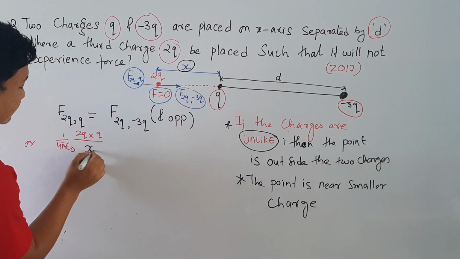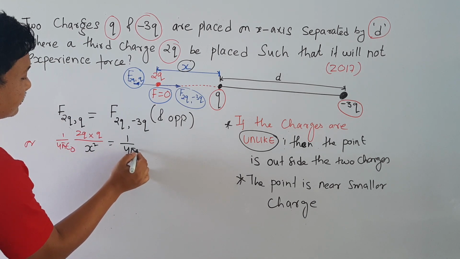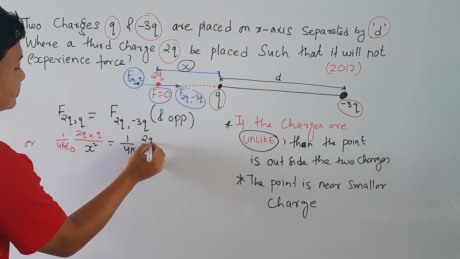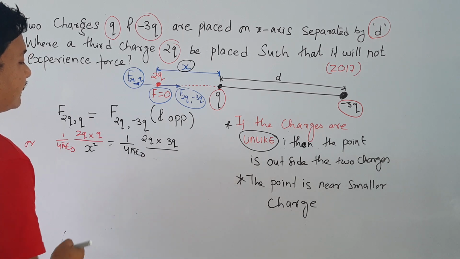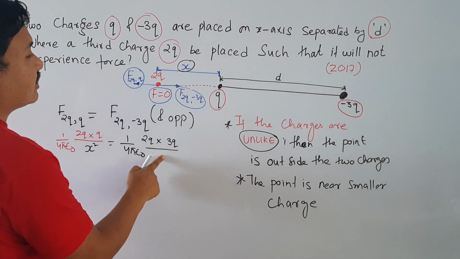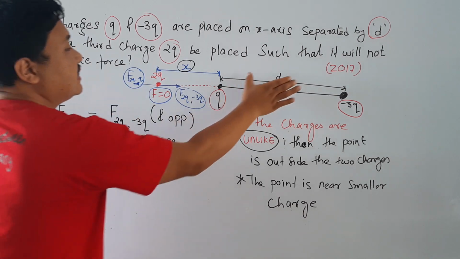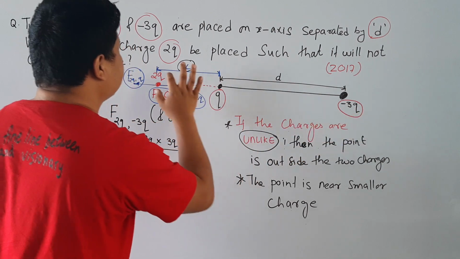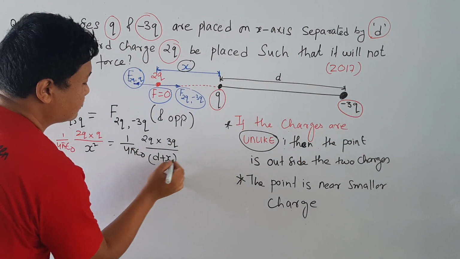So this will be 1 by 4 pi epsilon naught into 2q into q divided by x square, equal to 1 by 4 pi epsilon naught into 2q into 3q divided by r square. How much is the distance? The distance between minus 3q and 2q is d plus x, whole square.